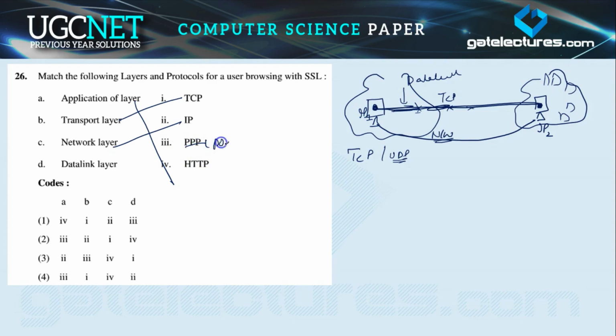The full form is point to point protocol. Its functionality is to establish a direct connection between two nodes. So two nodes are here, and it establishes a direct connection.